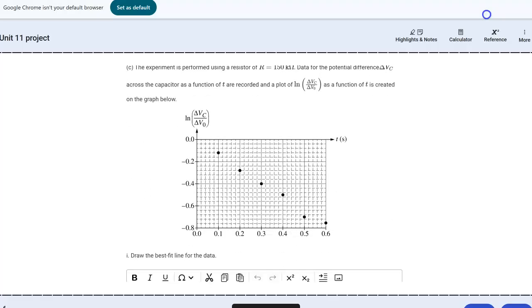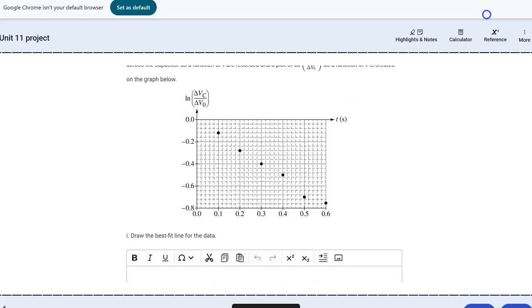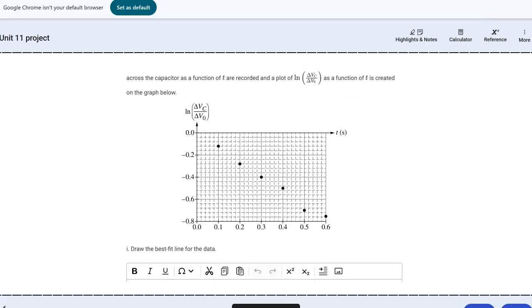Now let's move to C. Draw the best fit line. On a paper FRQ, it'd be really important to use a ruler, but we don't have that, so I'll try my best.